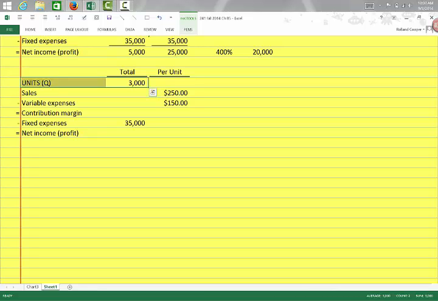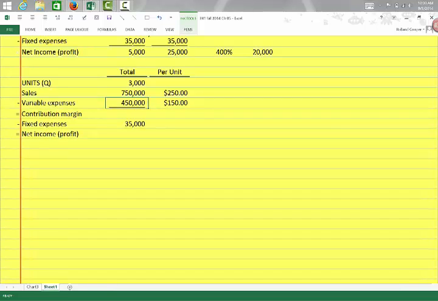Now let's take a look at that. If we sell 3,000 units at $250 each, then our sales are going to be 3,000 times 250, or total sales of $750,000. Our variable expenses are going to be 3,000 times 150, the variable expenses per unit, and that's going to give us $450,000 in variable expenses.